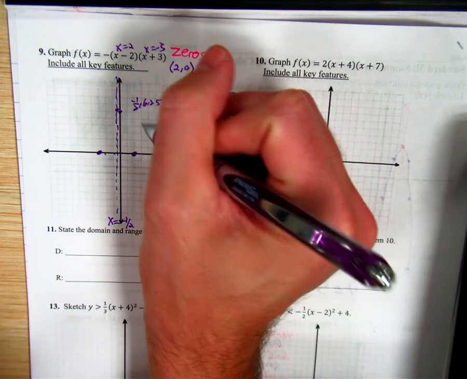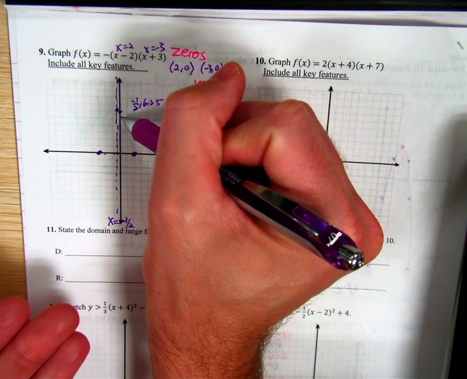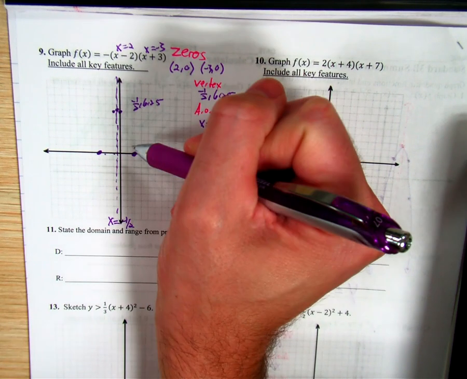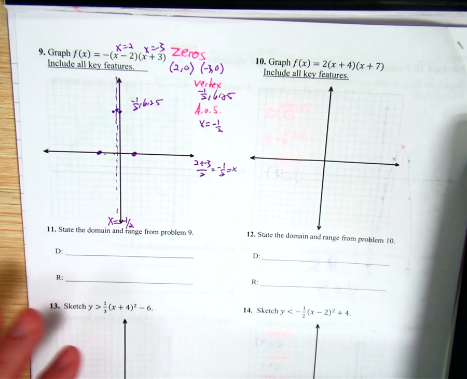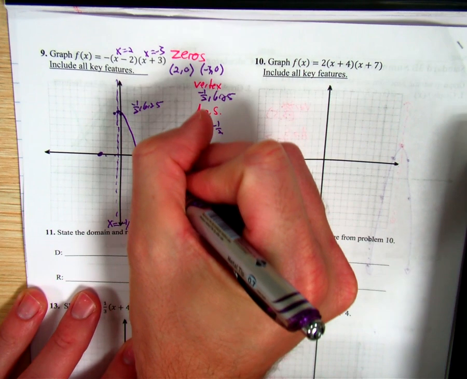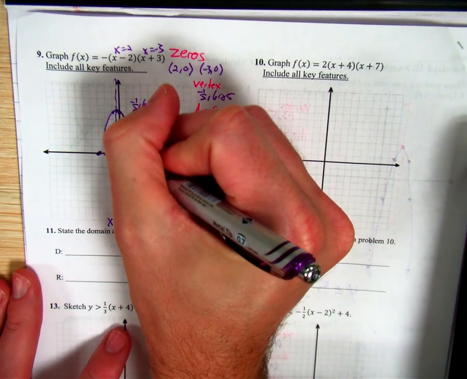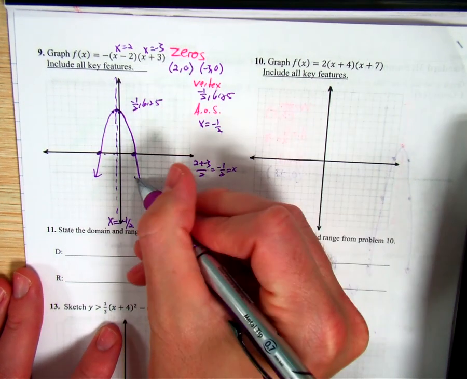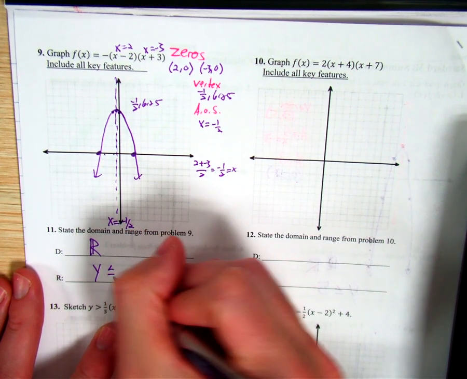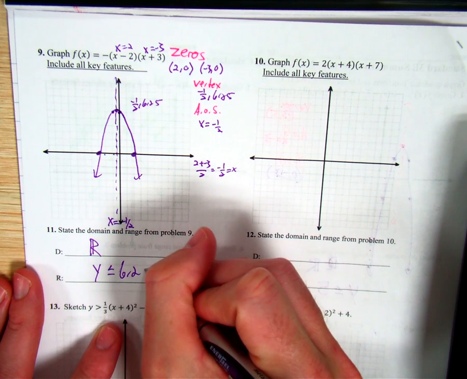So basically I just put 0 in. I got 0, 6, a nice point. Reflect it over, you'll get -1, 6, if you wanted more points. All real numbers, and y is less than or equal to 6.25.